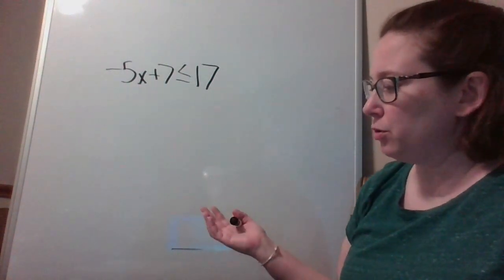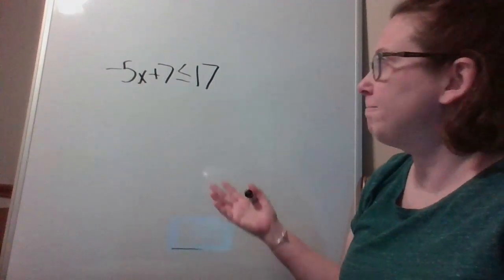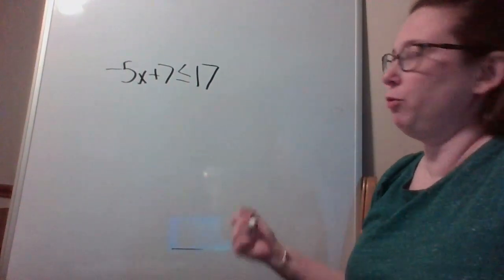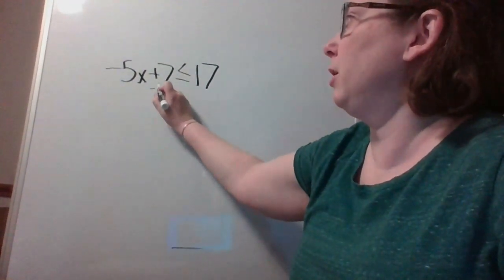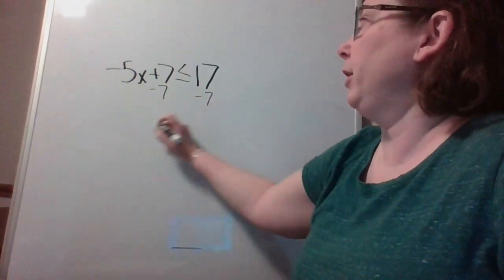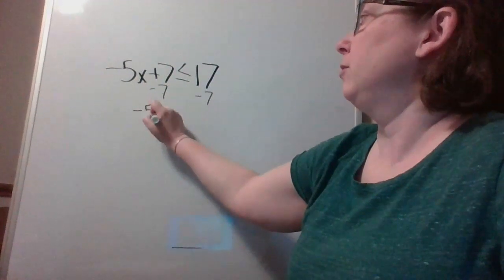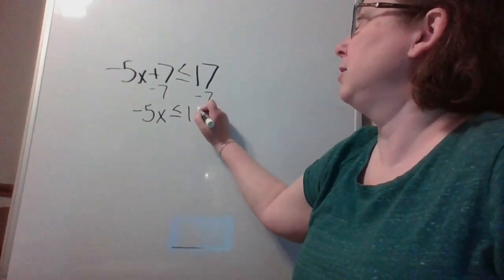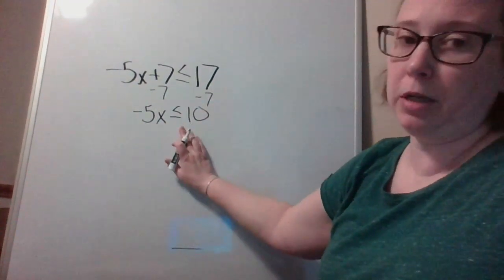We're supposed to decide first what is the actual solution. For that, we need to remember how to solve our inequalities, which is essentially the same as if there was an equal sign here.